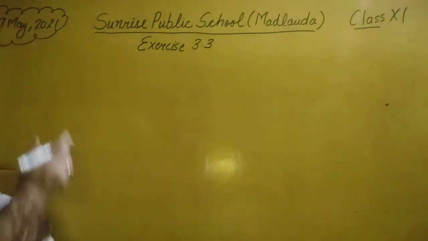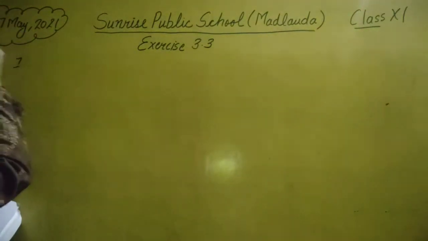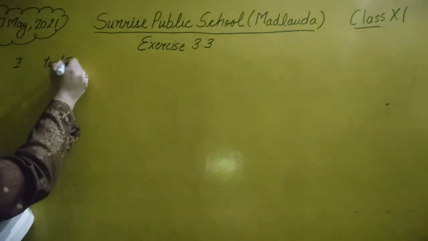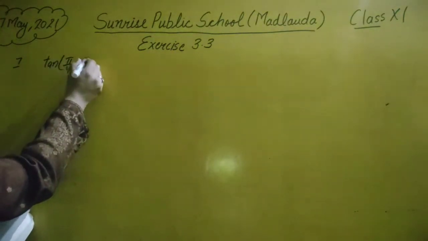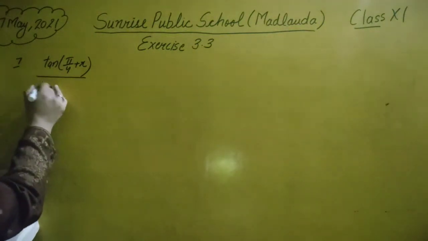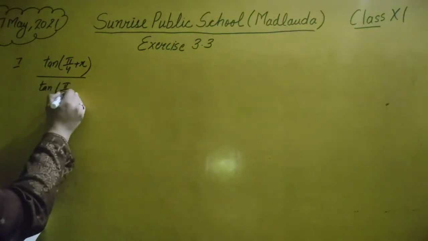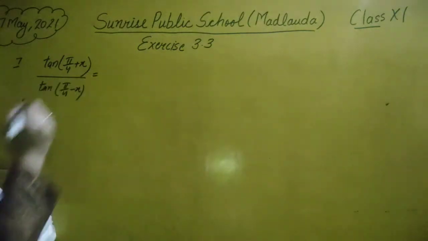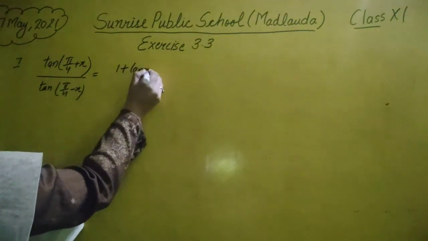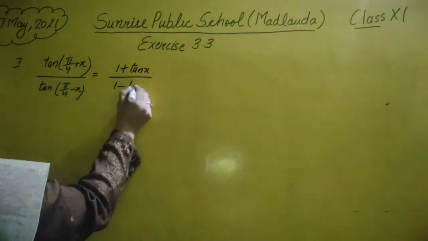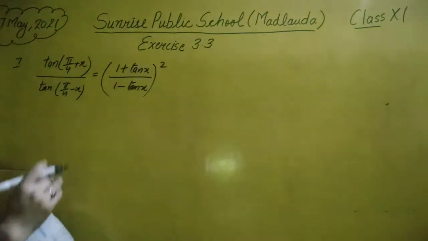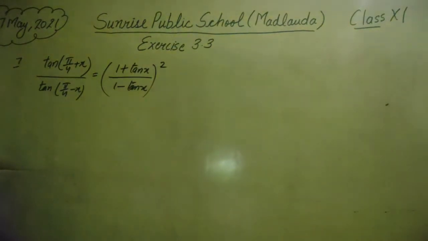In question number 7 we have tan(pi/4 + x) divided by tan(pi/4 - x) is equal to ((1 + tan x) divided by (1 - tan x)) whole square. Means you have to prove this.